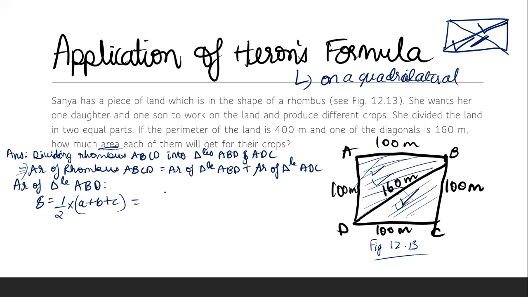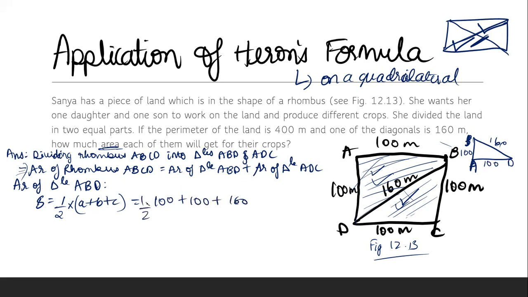So this is equal to, in this triangle, let me just draw it like this: A, B, D. Okay, sorry, it is BAD. This is 100, this is 100, and this is 160. So here our side A is nothing but 100, side B is 100, and side C is 160.